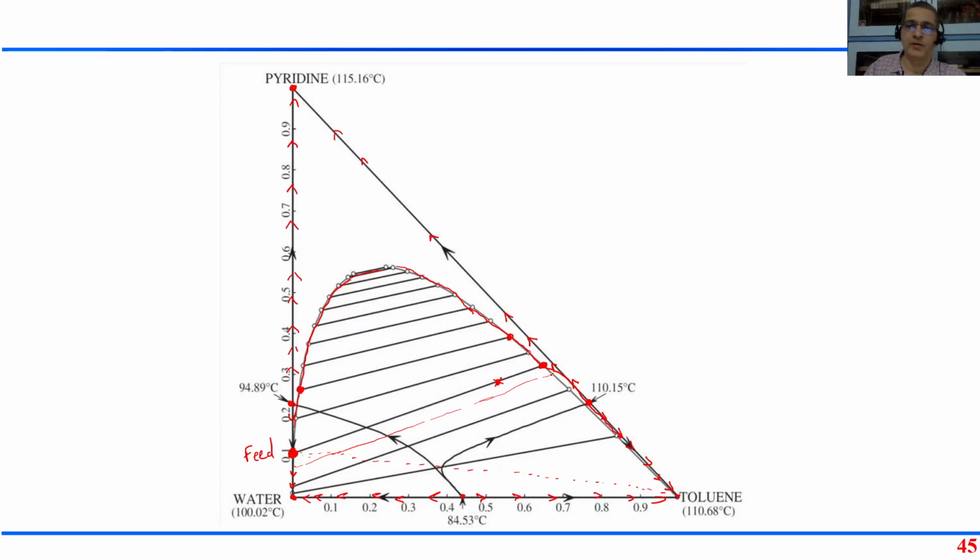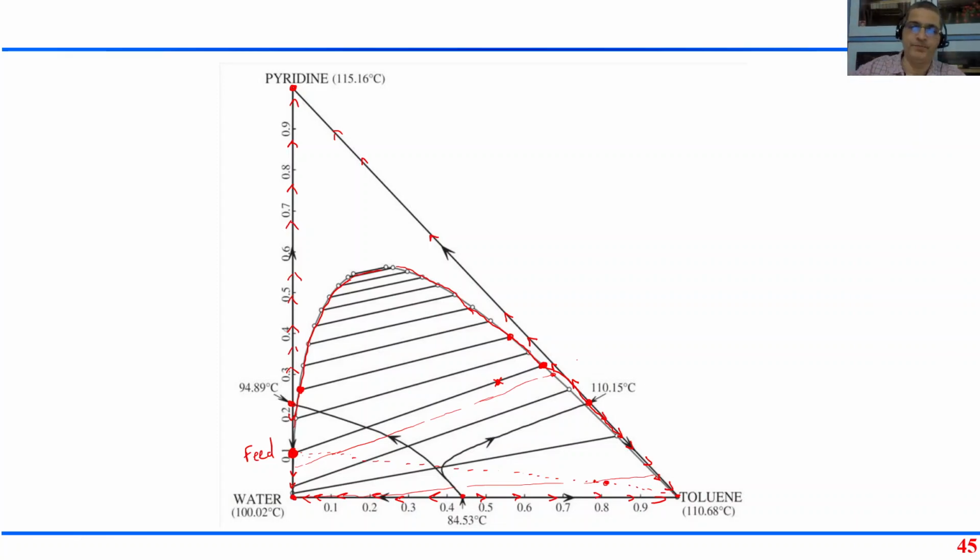The second phase I will get a mixture of pyridine, toluene and a little water. If I add too much toluene, maybe I would be somewhere here. Now my tie line is going to be something like this. I will get one phase containing almost water, very little pyridine, and the second phase containing almost pyridine and toluene, very little water.